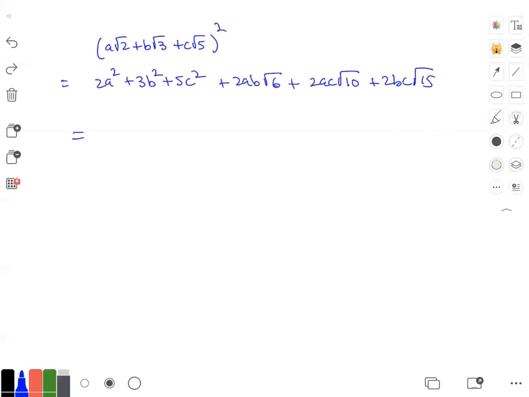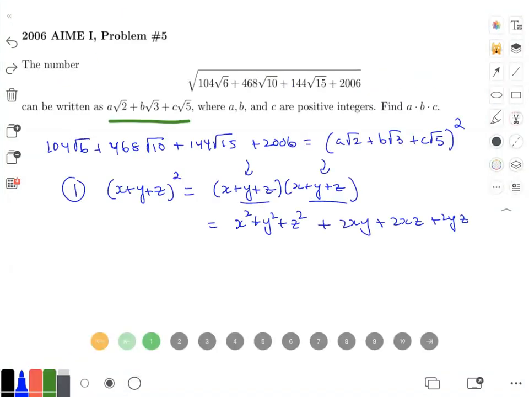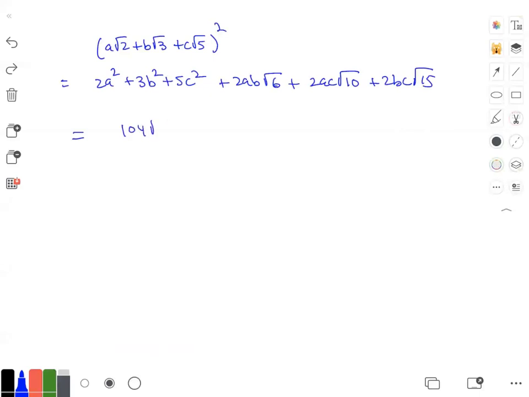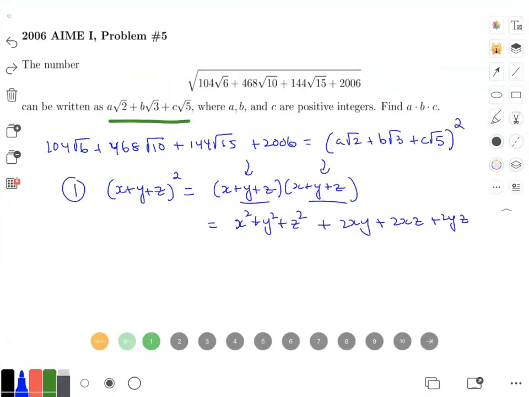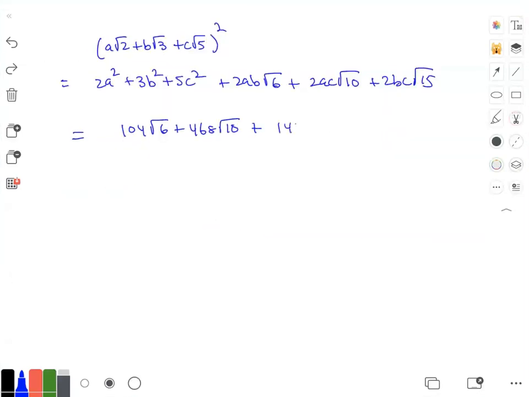And this is equal to the requested 104 root 6 plus 468 root 10 plus 144 root 15 plus 2006.